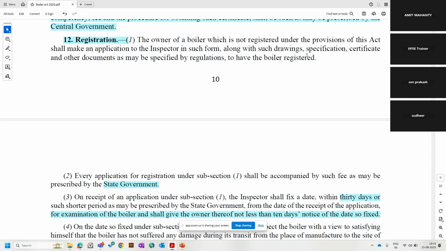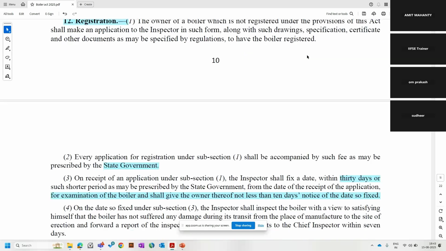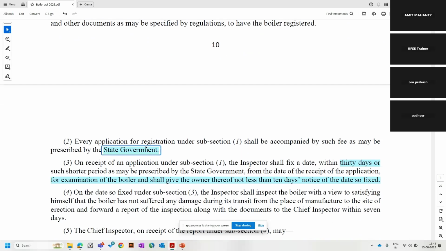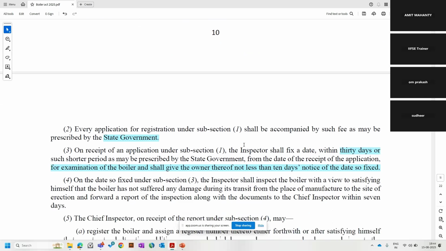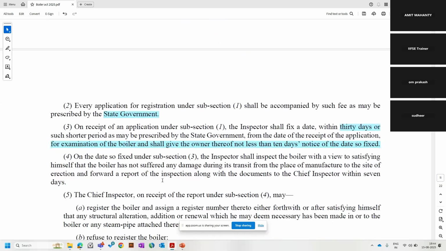So whatever the boilers which are not registered under this act, they have to give an application to the boiler inspector. Every application for registration under subsection 1 shall be accompanied by the fee as may be specified by the state governments. So along with the application, we have to pay the required fee as well. Okay.